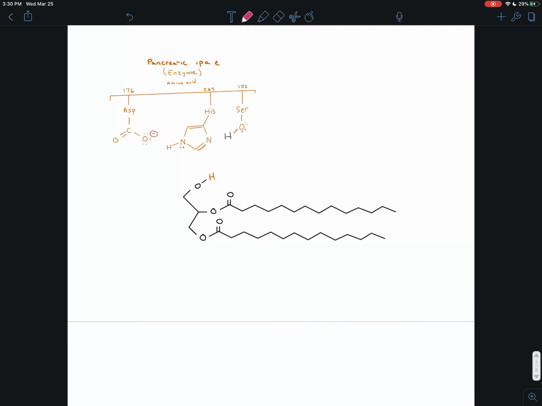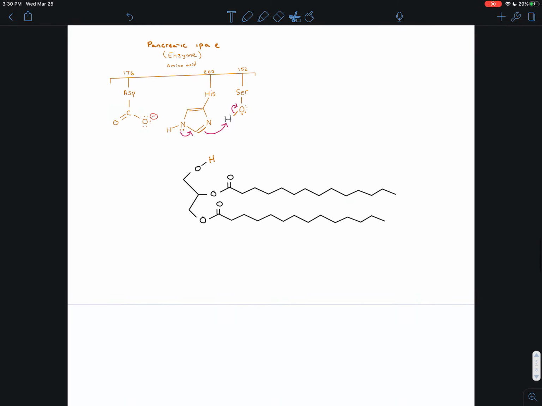this serine is a poor nucleophile. We need to turn it into a better nucleophile. So these electrons move over and push these electrons to steal that hydrogen, which then, the electrons in that other bond, snap back onto the oxygen of the serine to give it a full negative charge.